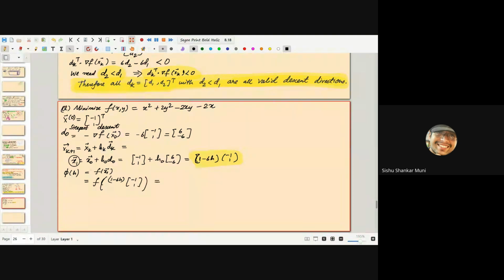Can you tell me what is the value of this? That is nothing but f of x comma y, which is minus of 1 minus 6h and 1 minus 6h. You just have to put this x comma y in this template and tell me the value. Can we do a quick calculation?